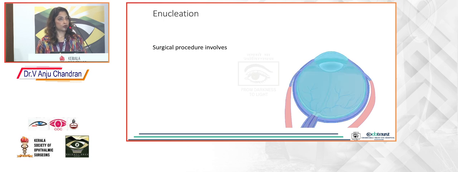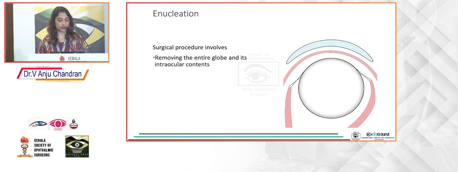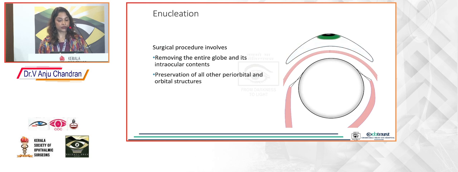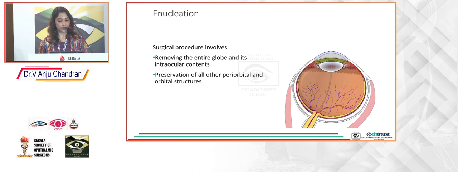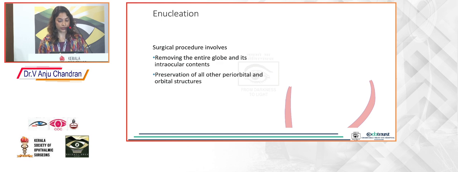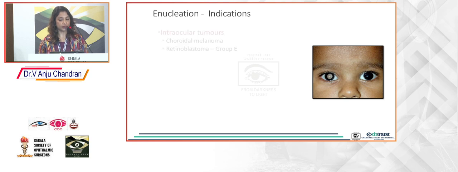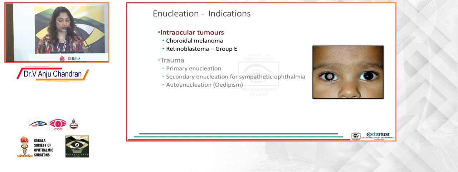Enucleation is a surgical procedure which involves removing the entire globe and its intraocular contents, preserving all the other periorbital and orbital structures. You can see the structures indicated in blue and violet are the ones being removed. The primary indications of enucleation are intraocular tumors, especially choroidal melanoma and retinoblastoma group E, which do not respond to other treatments.